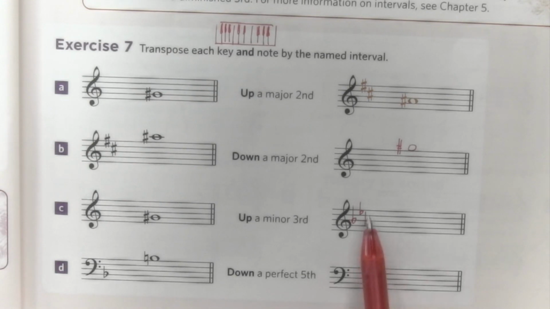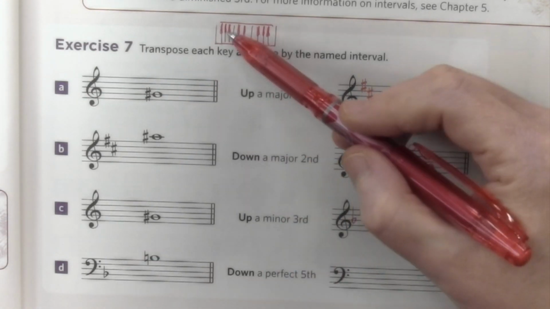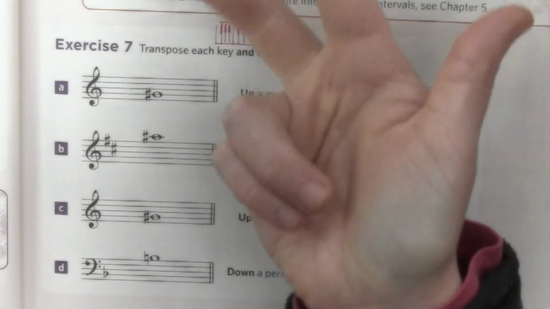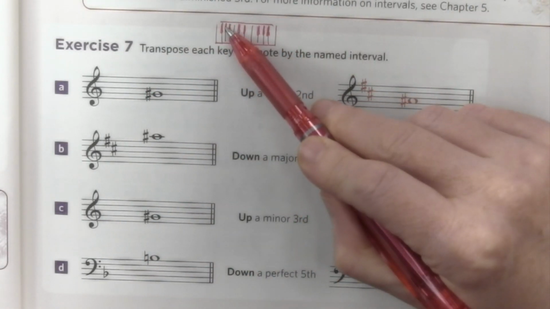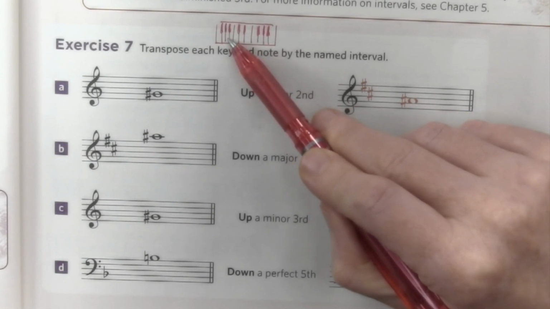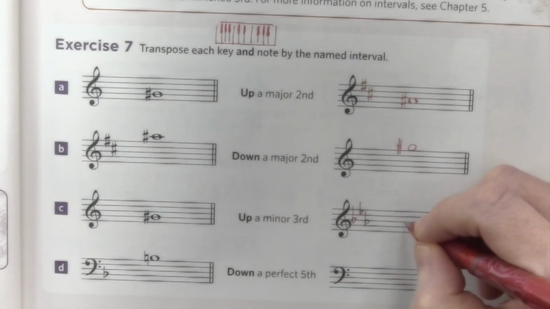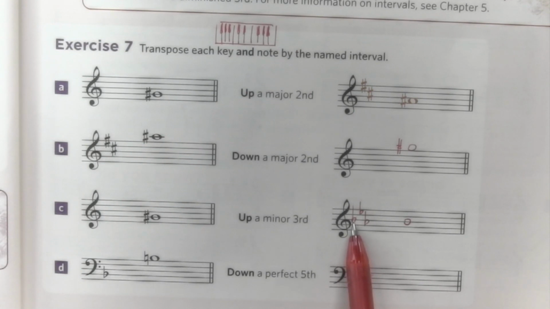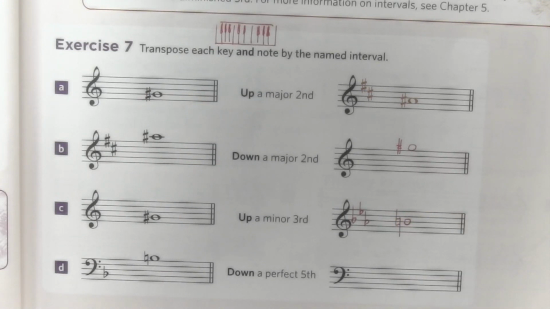Now we have 3 flats, okay, and we need to go a minor third from G sharp. Now, we need to call it Sol, La, Si. We need to call it B. But let's see which kind of B. 3 semitones up from G sharp, 1, 2, and 3, B. That's simply B. Now, our B here is flat, so we need to raise it up by adding a natural symbol.